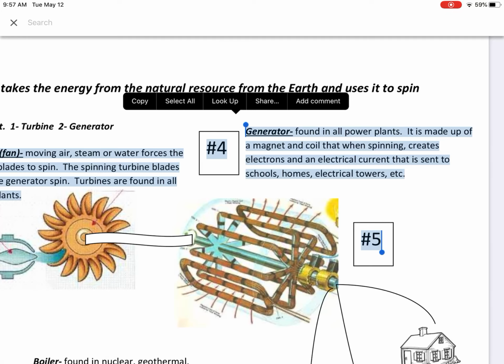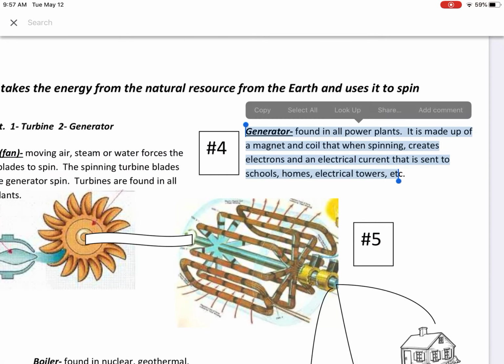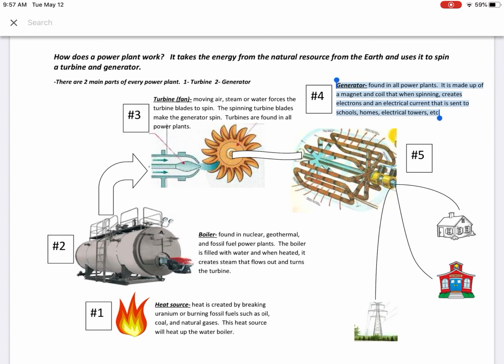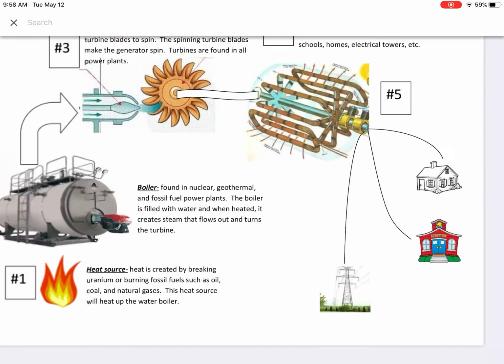And it creates electrons and electrical current, and that can be sent to your home, to your school, or whatever it may be. So the fan's got to move. The fan moves the generator, makes electricity.